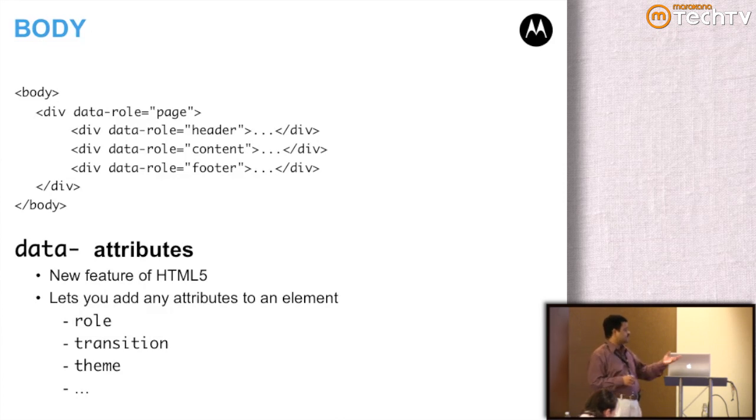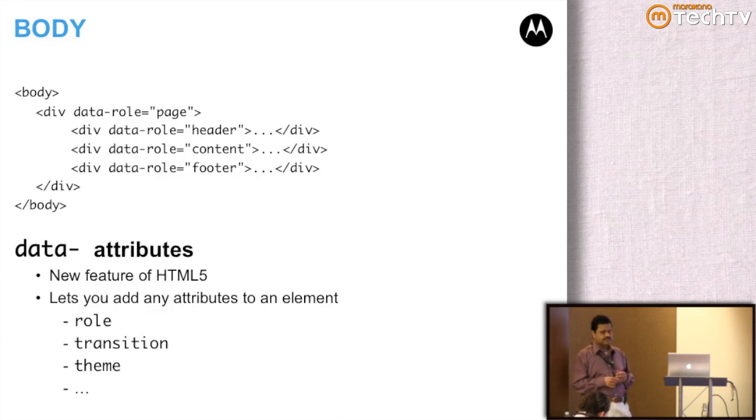For example, there is a data attribute called transition. So, when I say data-transition equal to flip, when you click on the element that has that transition, it flips when you click on it. So, the point here is you do not have to write JavaScript code for it, you do not have to write any code for it.